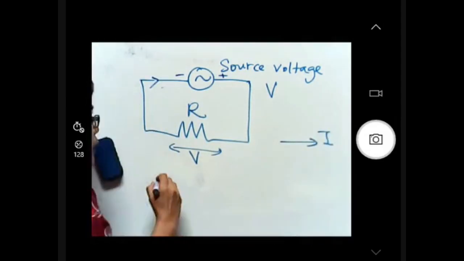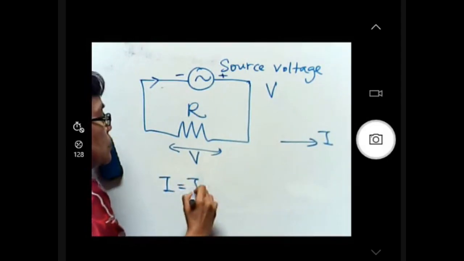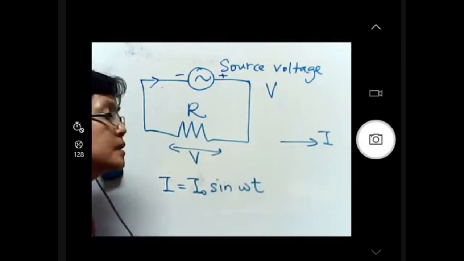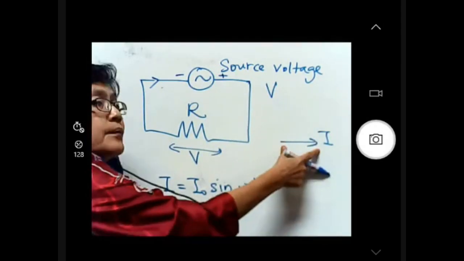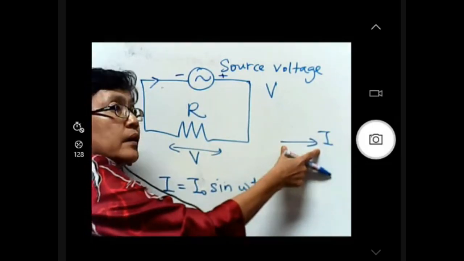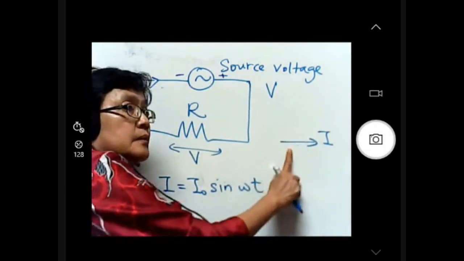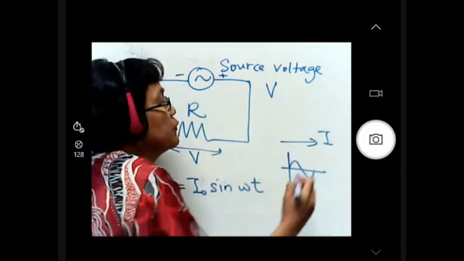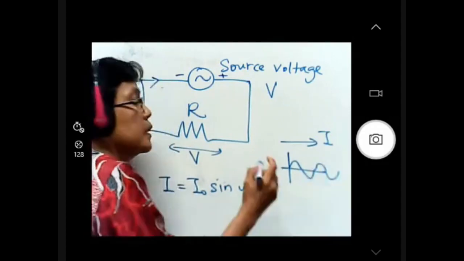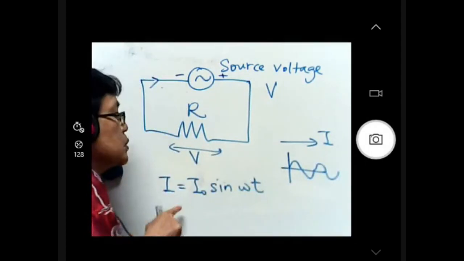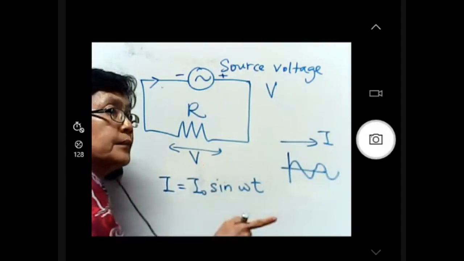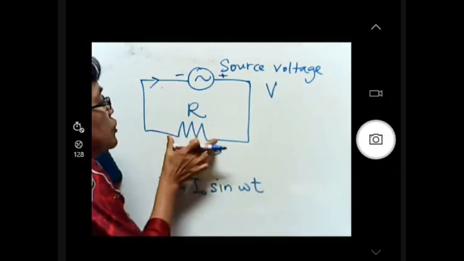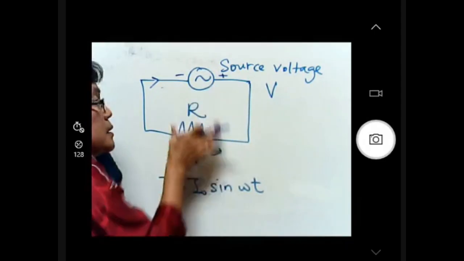So I will have I equals I naught sine omega t, meaning the wave produced is a sine graph. If I start measuring the current at this position, my phasor diagram is at this position, so my graph should be a sine graph, and the related equation will be I equals I naught sine omega t. Okay, so now in order to find the voltage across the resistor or the source voltage, in this case they are the same.